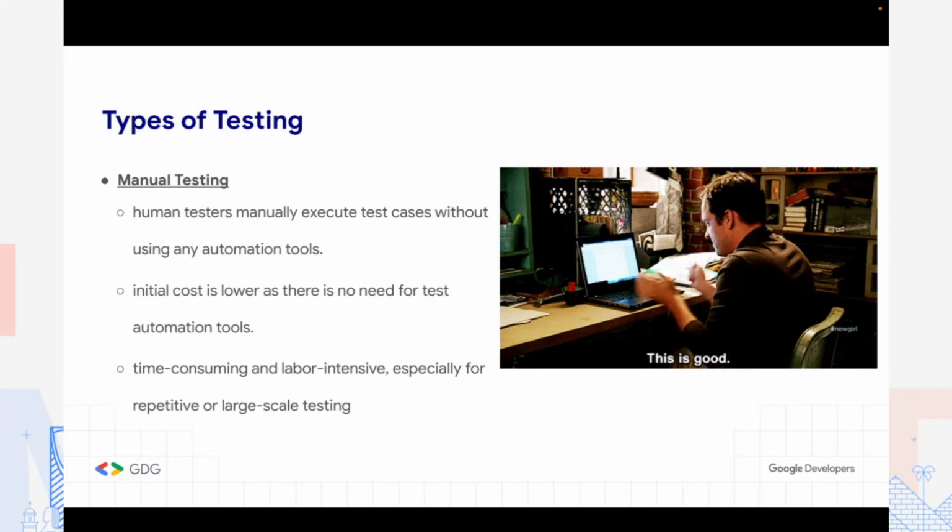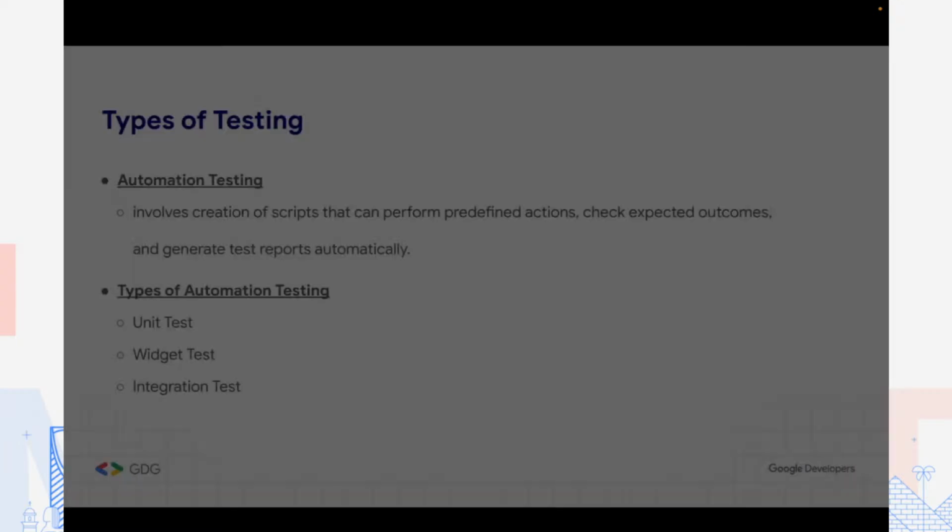But as we progress, you will need more resources based on the complexity of the program. This is time consuming and also labor intensive, especially for repetitive or large scale testing. So, like we discussed, we will have to do rigorous testing in large scale applications, which is going to be very time consuming and can require more resources.